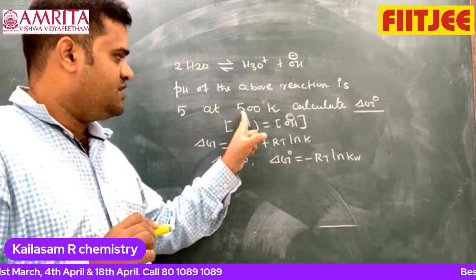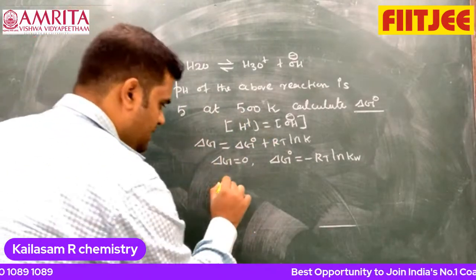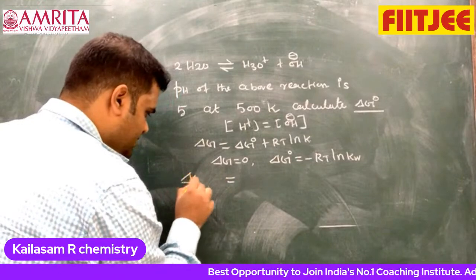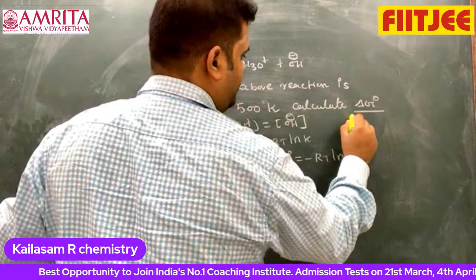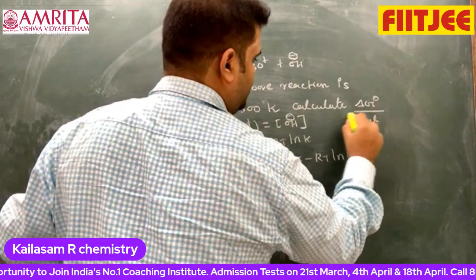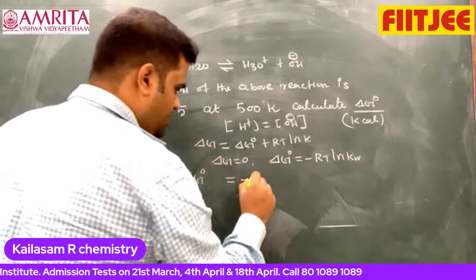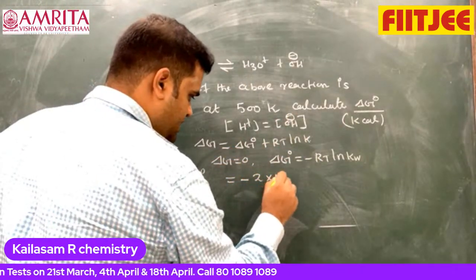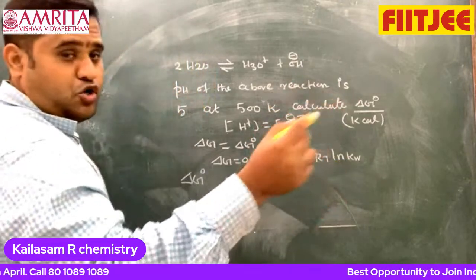Temperature is given as 500. I am writing delta G naught, expressed in kilocalories. So in kilocalories, the R value you take as 2. Temperature is 500, into, I am converting ln to log.